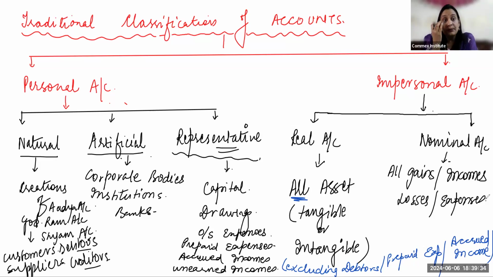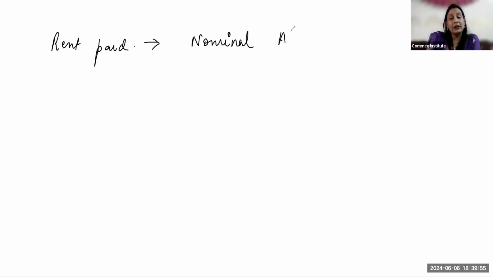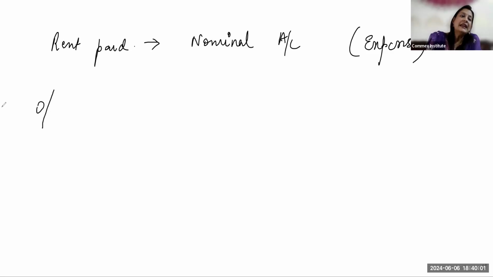Now, one thing you have to understand: when rent is paid, which account will it be? It will be a nominal account because it is an expense. Now, please see, if I say outstanding rent, first of all, let's understand the meaning of outstanding rent.